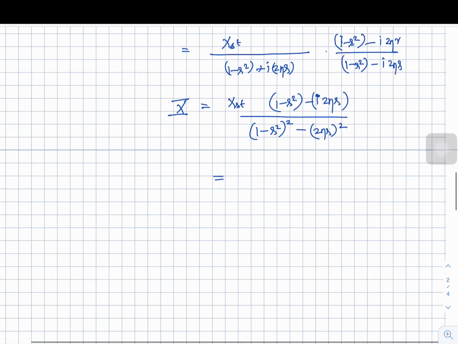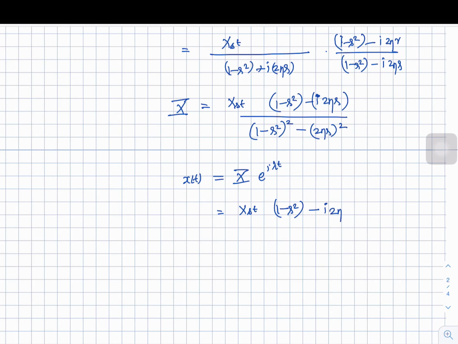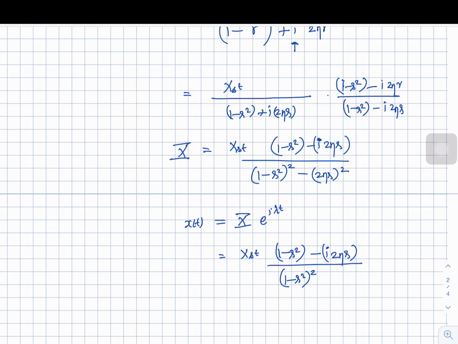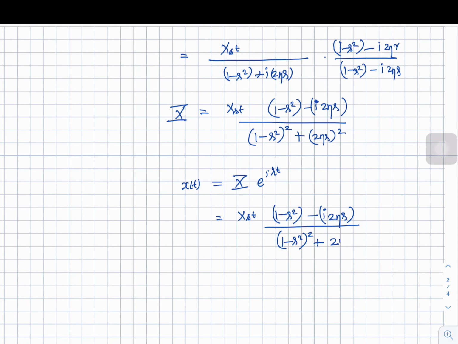So then the solution x of t will be capital X into e power i lambda t. So therefore this becomes x_st (1 minus r square minus i 2 eta r) over (1 minus r square) whole square plus (2 eta r) whole square, e power i lambda t.